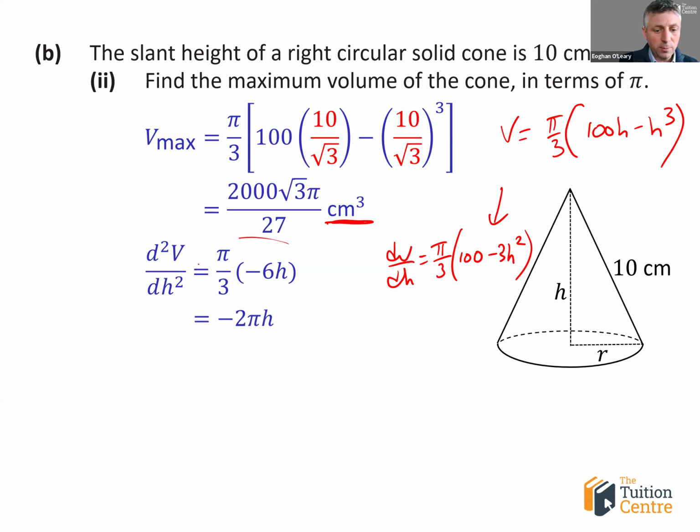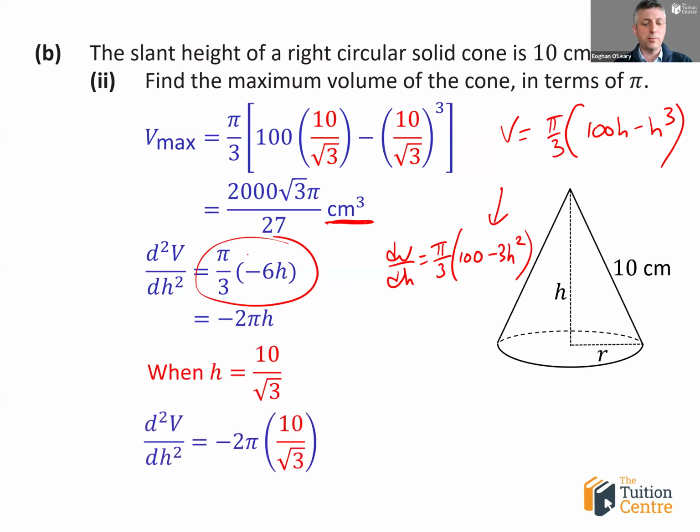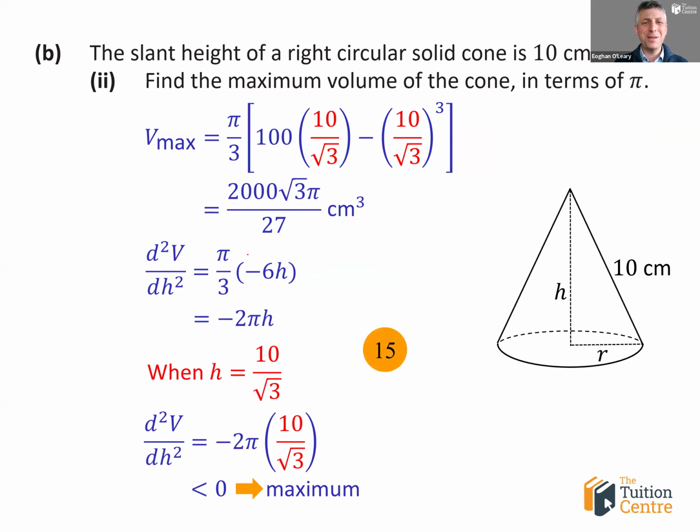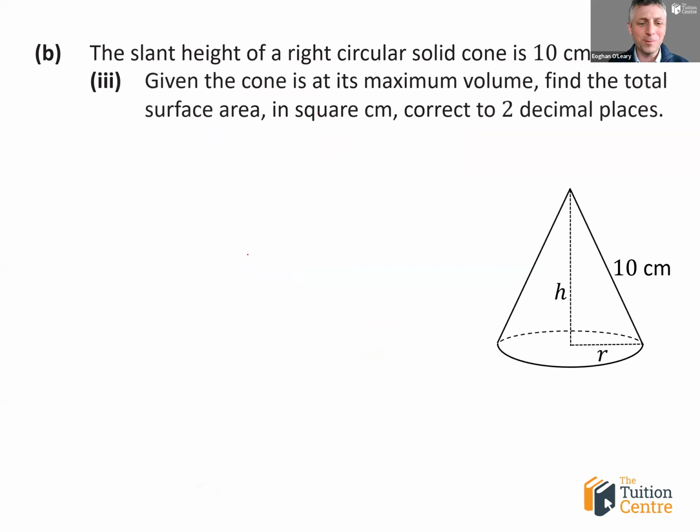And when I multiply this part out, I'm going to get minus 2 pi H. Put in 10 over root 3, and of course, you're going to get a negative answer there. And when the second derivative is negative, you're dealing with a maximum. So 15 marks for that. Again, I'm hoping that was okay for people. There's one you've seen before, that type, you've practiced it.